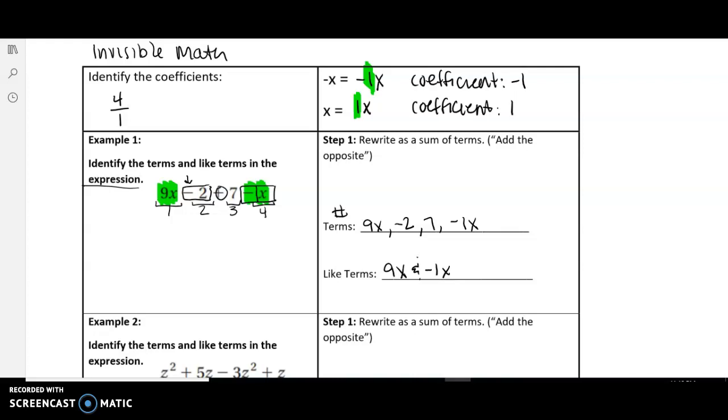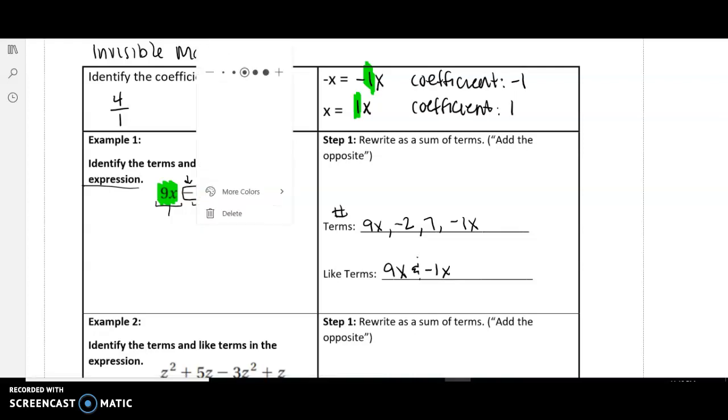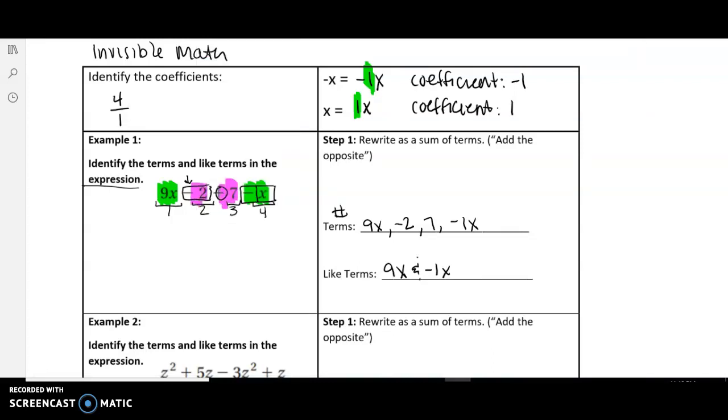And then we also have like terms that are without a letter. So 7 and -2 both don't have a letter. And so 7 and -2 are also like terms. So this is one group of like terms, and this is our second group of like terms.